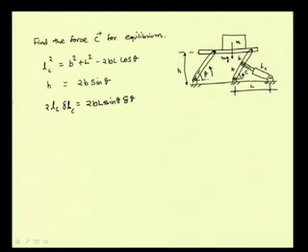Let us differentiate the equation for the height. So, we have delta h is equal to 2b cos theta delta theta.